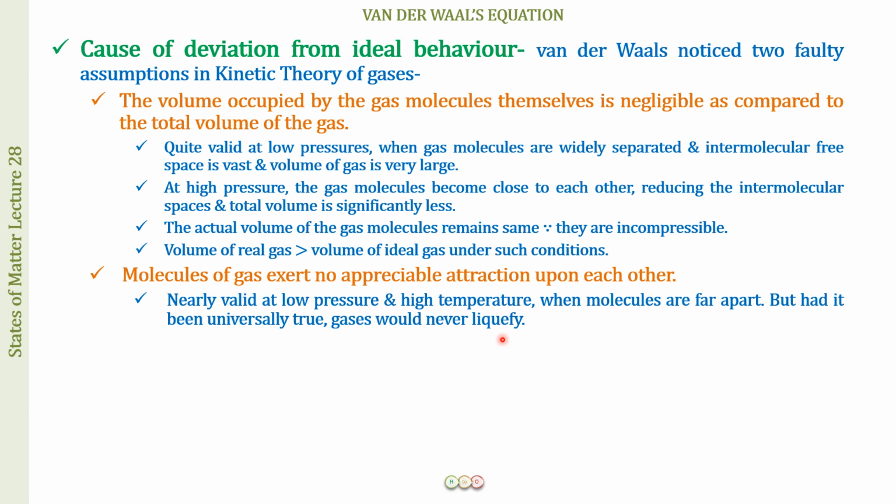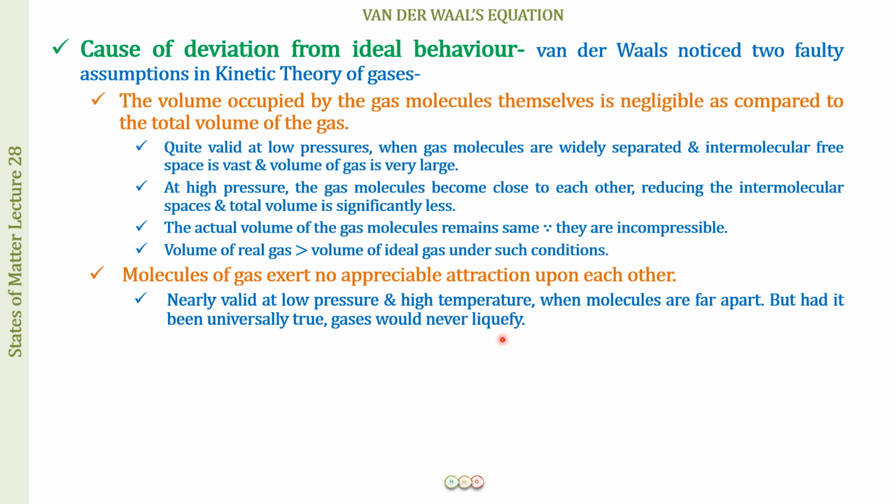How do we liquefy a gas? Well, we compress the gas molecules, bringing them close to one another so that the attractive forces among them increase, and when they increase to a certain level, the gas gets converted into a liquid. Right?